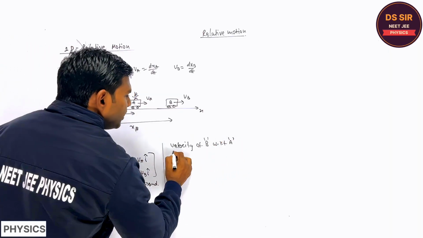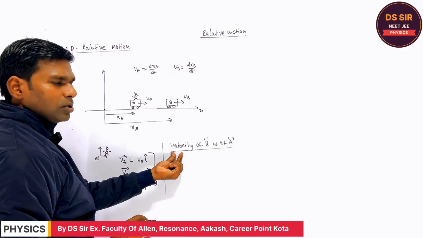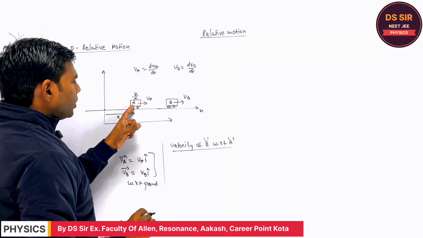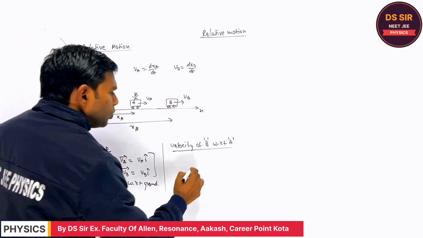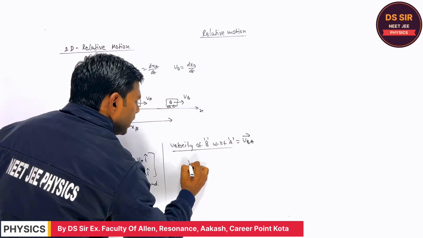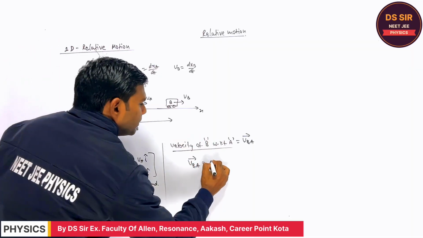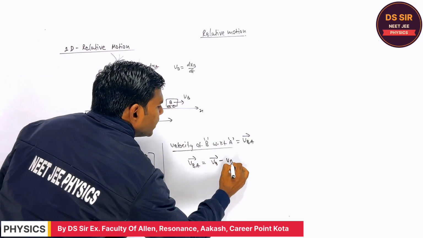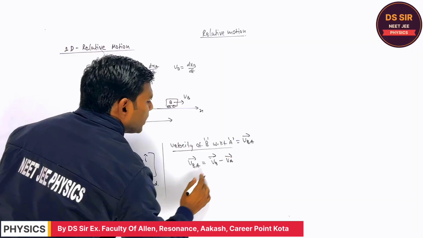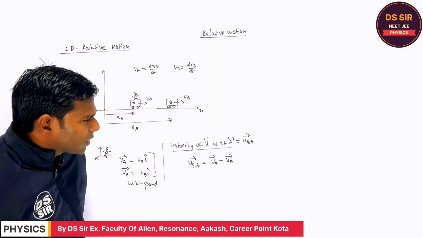The velocity of B with respect to A means you are sitting on A and observing the B. So it is represented by velocity of B with respect to A, and the velocity of B with respect to A is VB minus VA. Is it clear or not? VB minus VA. Fine.